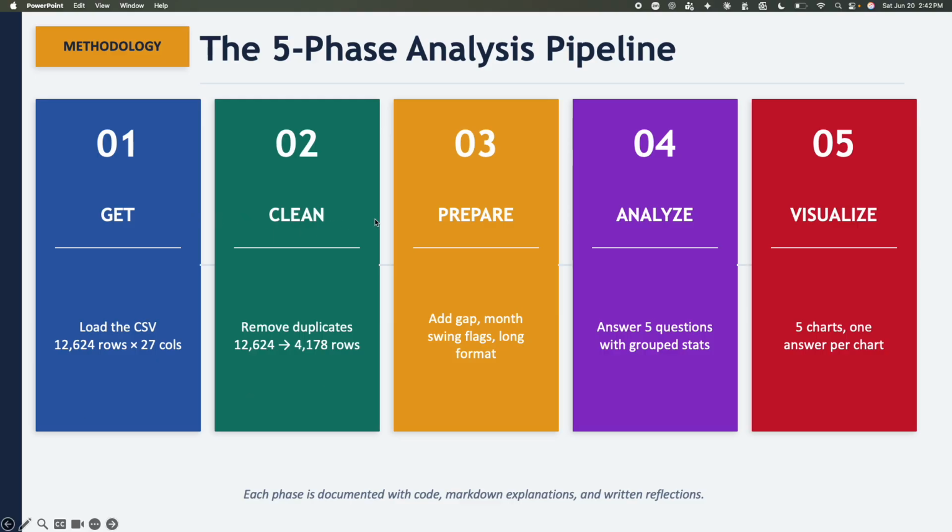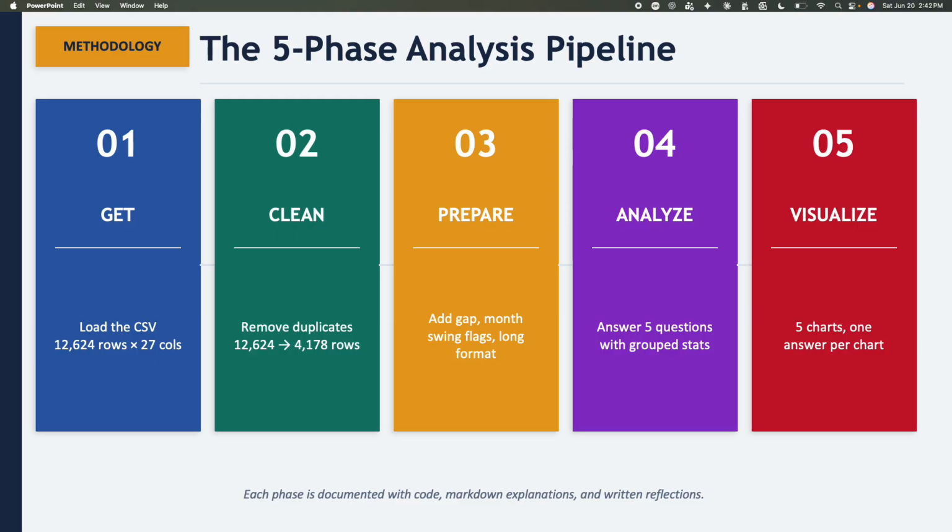The 5 phases go from left to right: get, clean, prepare, analyze, and visualize. This is the same workflow you would use on almost any real-world data project.